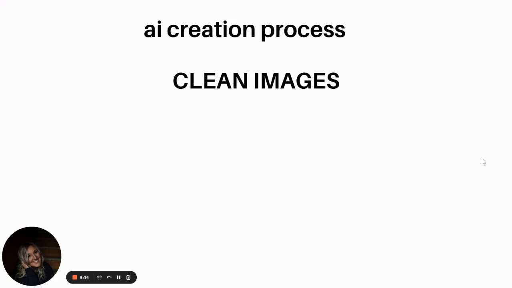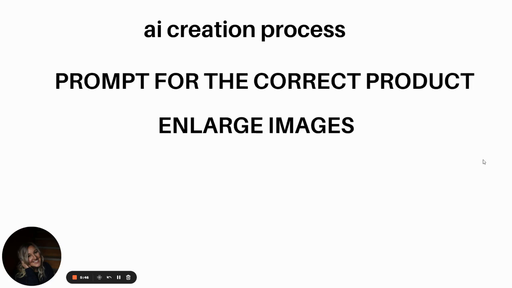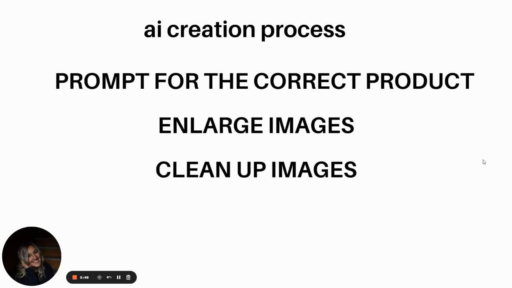So clean images means that now that you've blown them up and you've cleaned them up, it's not blurry and all the distractions are gone. Okay. Those are the three basic things that you want to think about for your AI creation process.